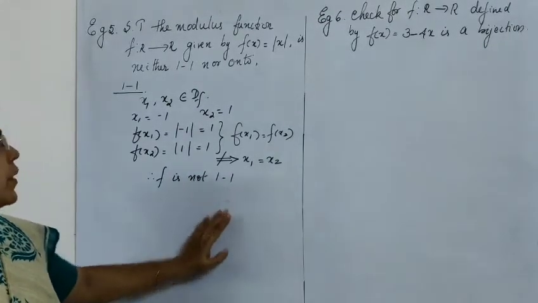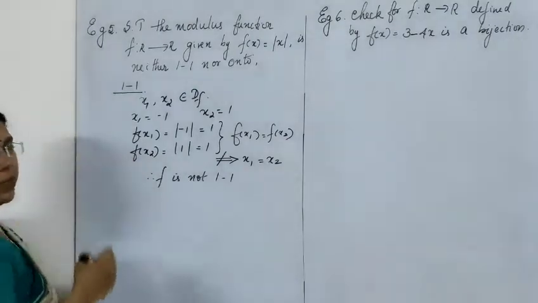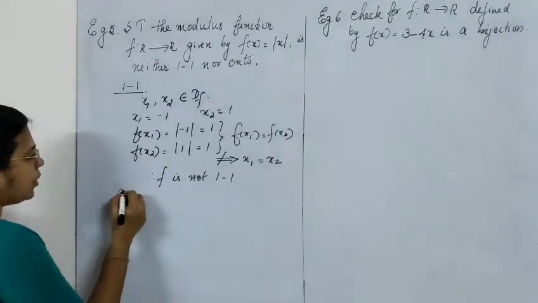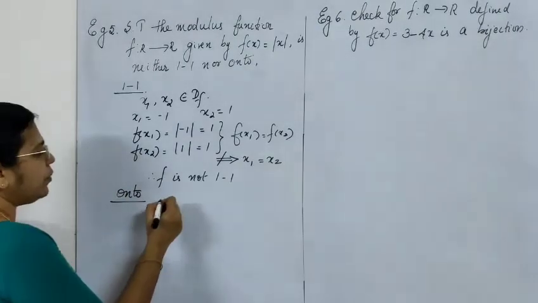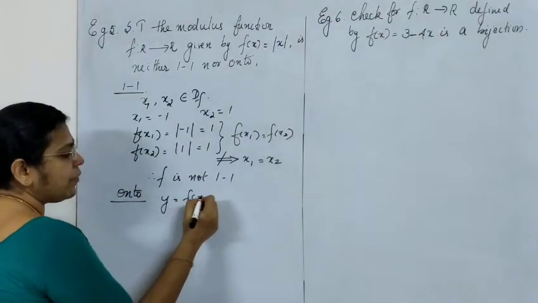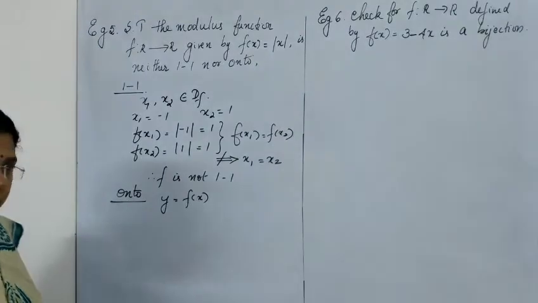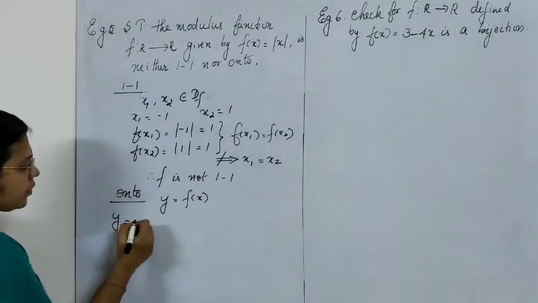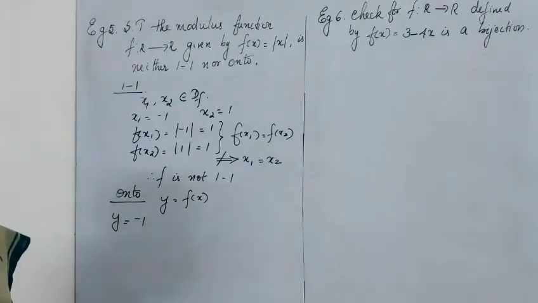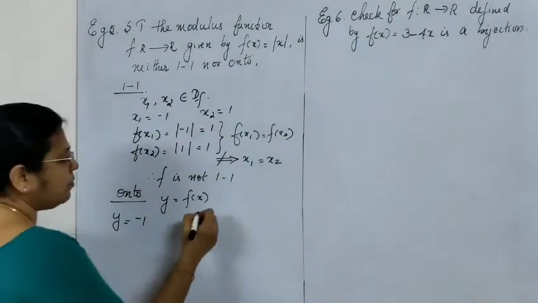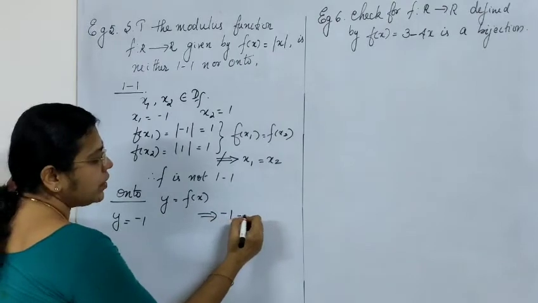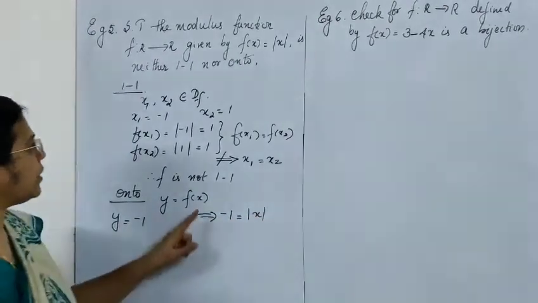Am I clear? Okay. So, coming to the next part, onto function. Now, to check for onto, we know that y is equal to f of x is our function. I take y is equal to minus 1, which implies minus 1 is equal to mod x. What is f of x?